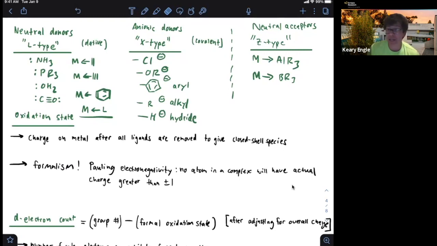And the type of bonding they engage in is described as dative bonding, which is sometimes represented using this arrow representation shown here. In the old literature, this was very common for a period of time, and now it's sort of fallen out of favor, though some people still are very deliberate about using this.